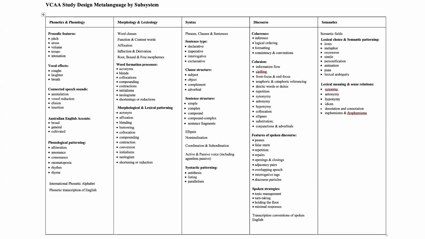And the 18 examples you have, if you're going for that perfect study score, should be very different to one another, which means you need to know all of these terms like the back of your hand, and you also need to know exactly how to discuss them, right?